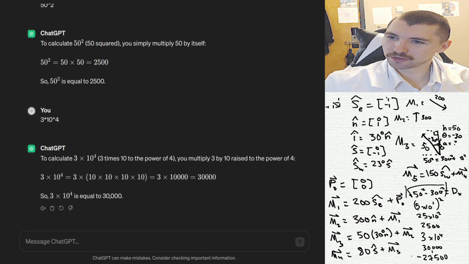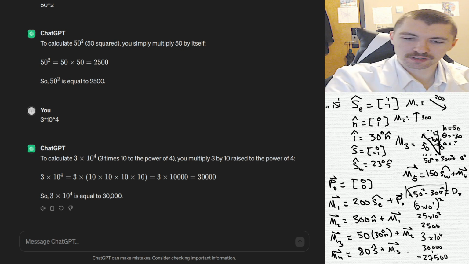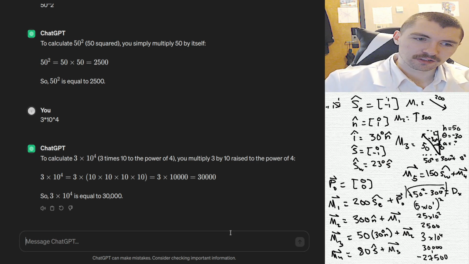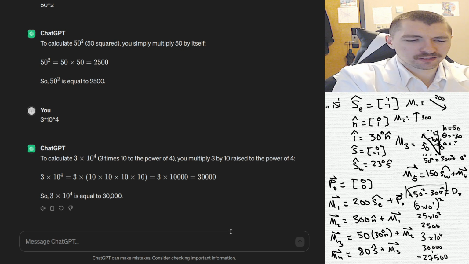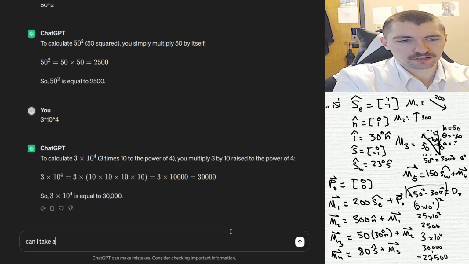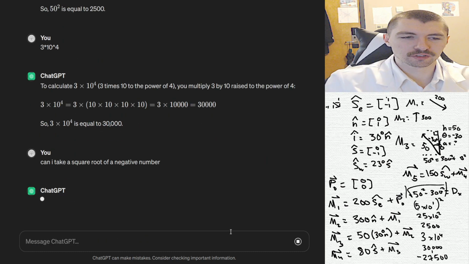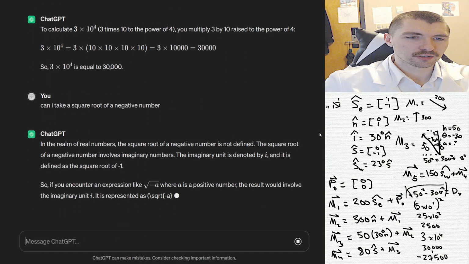You can't take a square root of a negative number. So maybe the absolute value is on the inside. Pretty sure this is no.